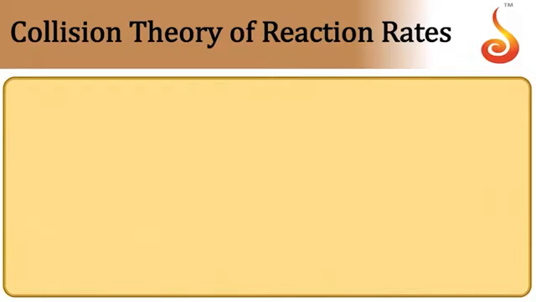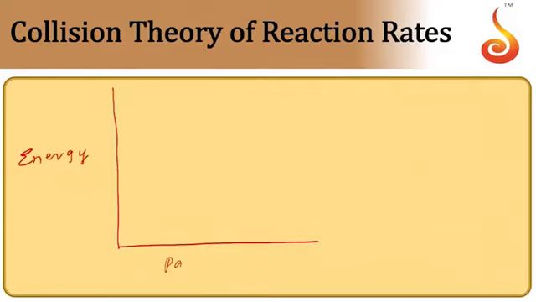Let us see a graphical representation for this. Take energy on this axis and path of reaction on this axis. Let us suppose this is the energy of reactant molecules, ER.